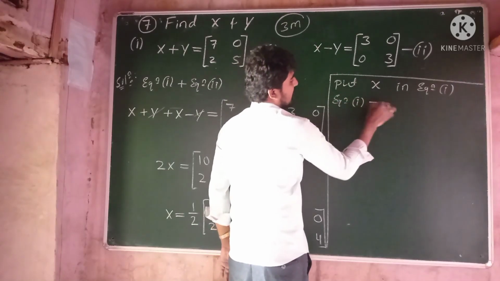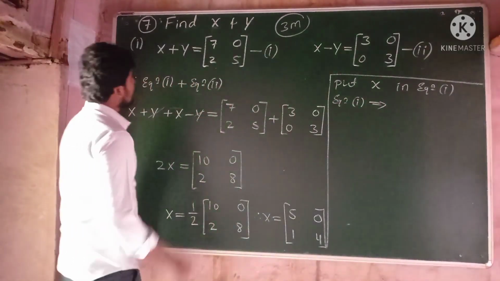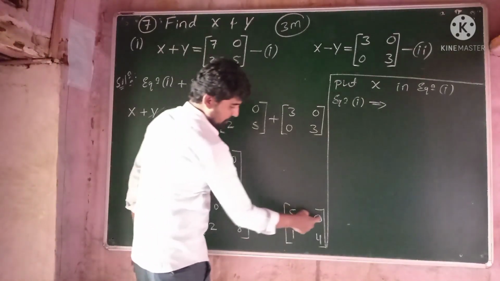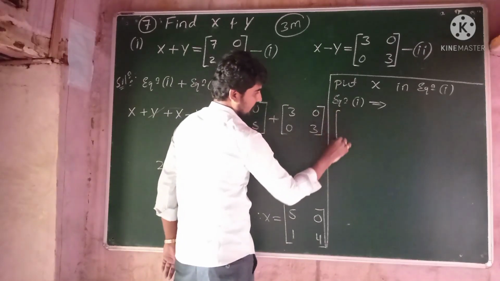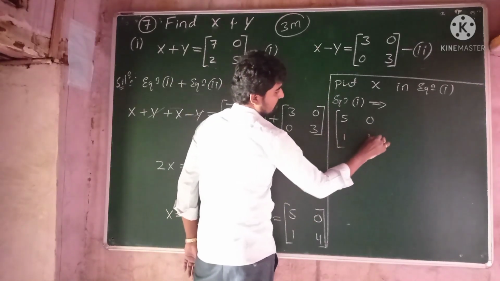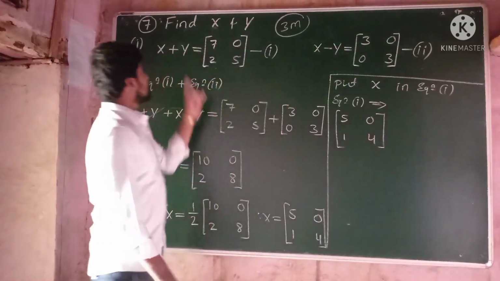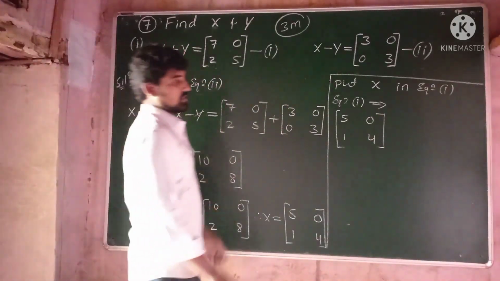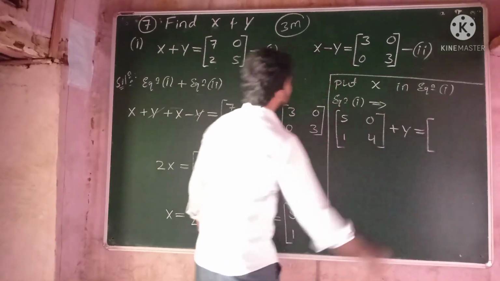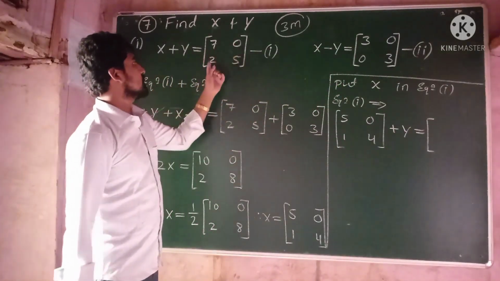Equation 1 implies X plus Y. Matrix X is 5 0 1 4, so in place of X put matrix 5 0 1 4, plus matrix Y is unknown, therefore plus Y equals matrix 7 0 2 5.